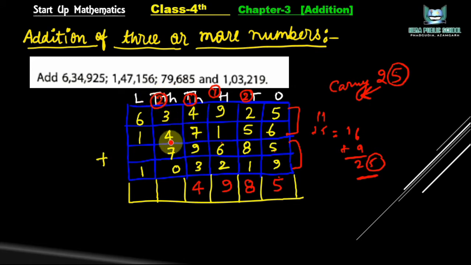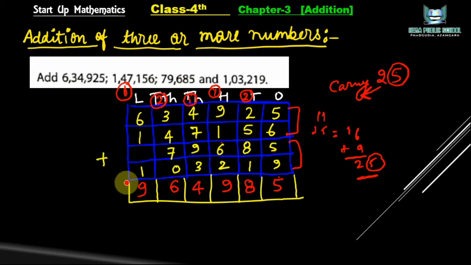3 plus 4 is 7, 7 plus 7 is equal to 14, 14 plus 0 is equal to 14 and 14 plus carry 2 is equal to 16 and carry 1. 6 plus 1 is 7, 7 plus 1 is 8 and carry 1 is equal to 9.